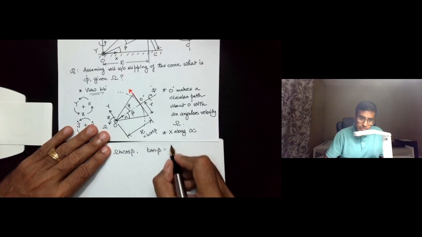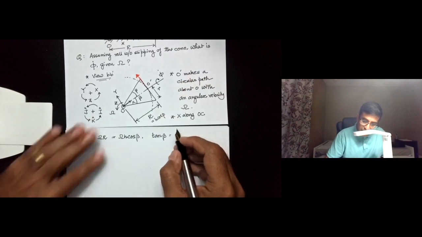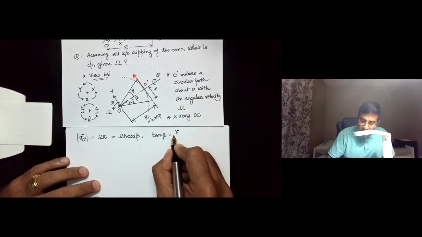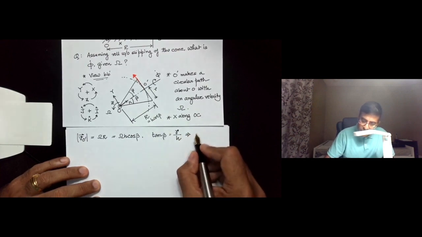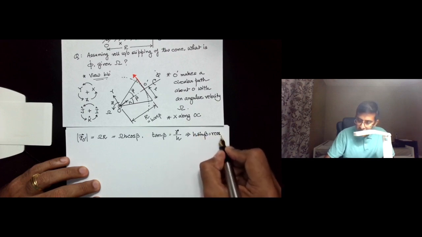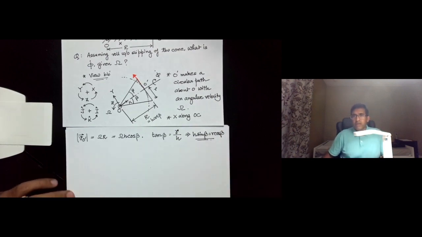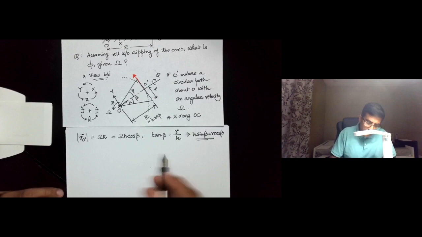So going back, we have tangent of beta is equal to r divided by h, which in other words means that h sine beta is equal to r cosine beta. Okay. So this is another identity that will be useful.